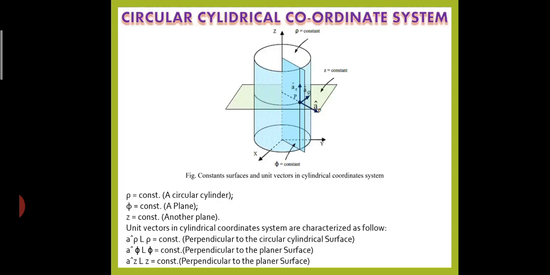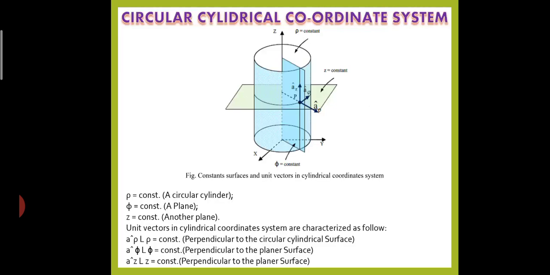Now, these are the circular cylindrical coordinate systems. The figure shows the circular cylindrical coordinate system. In the cylindrical coordinate system, a point P is specified by the three coordinates rho, phi and z, where rho represents the radial distance, phi is the angular displacement and z is the axial displacement.